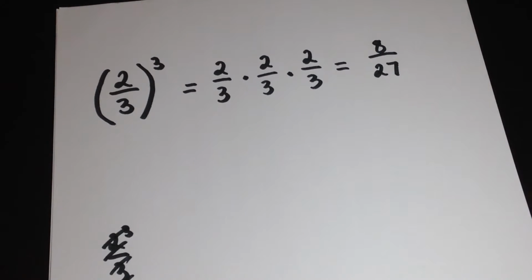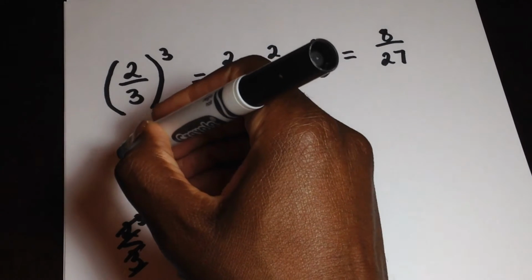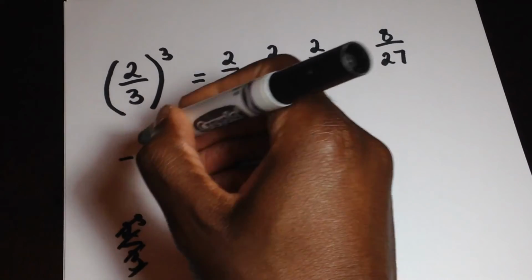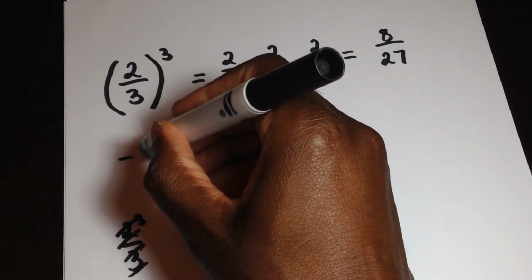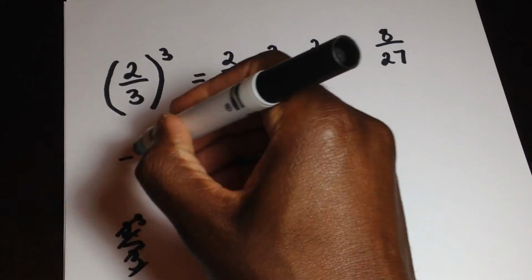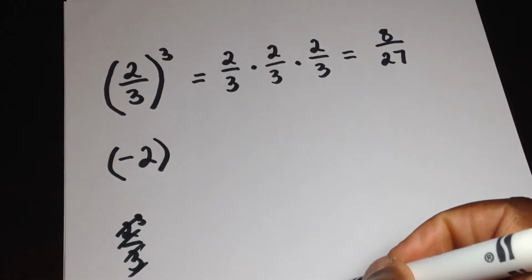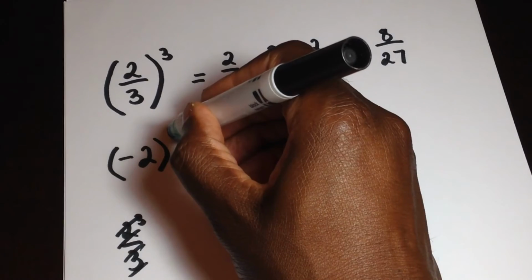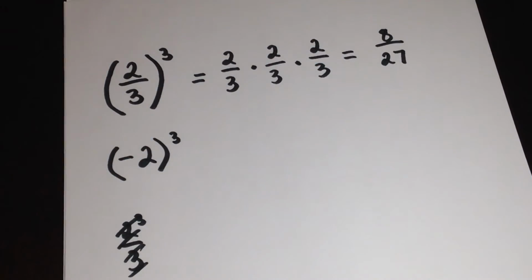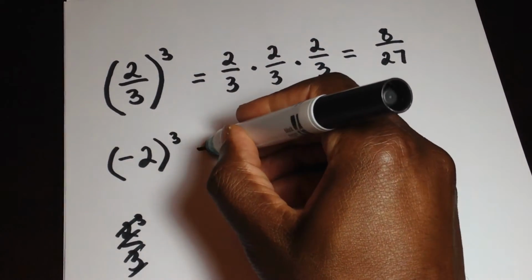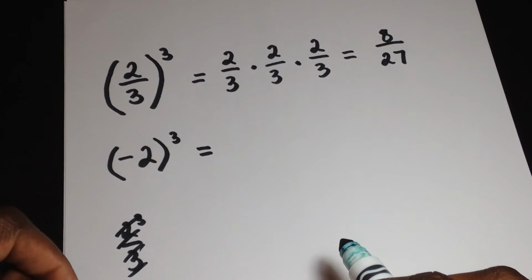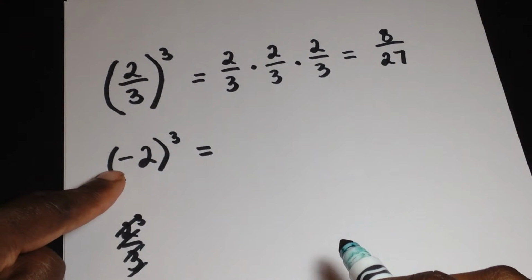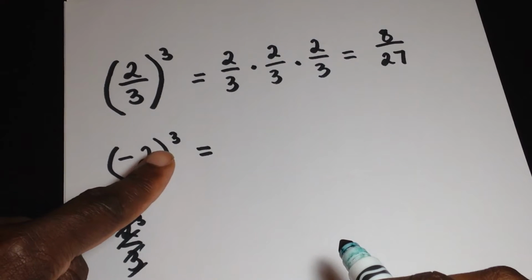Another one I want to show you is when you have a negative. So let's say I have negative 2, and let's make negative 2 to the 3rd power. I'll keep the negative 2 inside the parentheses for a reason, and I'm going to explain that at a later time. Right now, negative 2 is to the 3rd power.